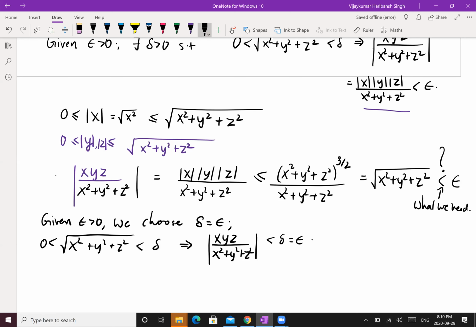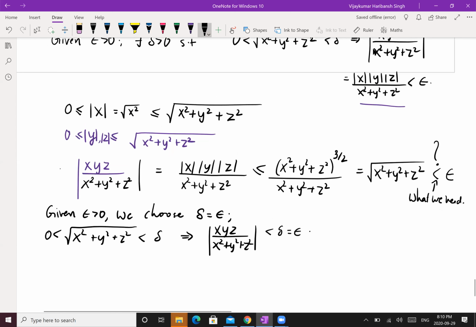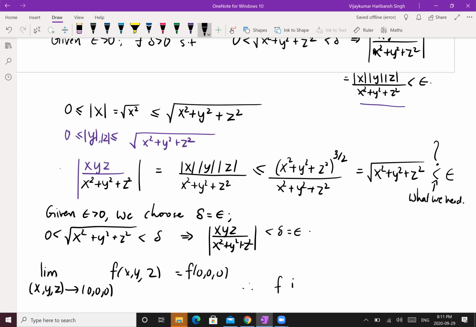So therefore, what do we get? We got that the limit as x, y, z goes to 0, 0, 0 of f of x, y, z equals f of 0, 0, 0. Therefore, f is continuous.